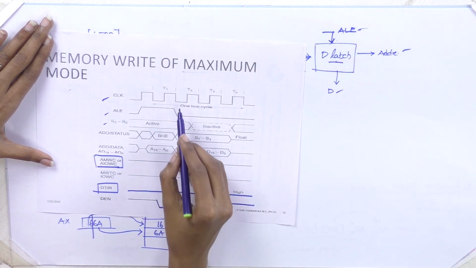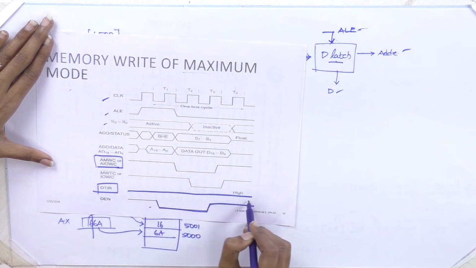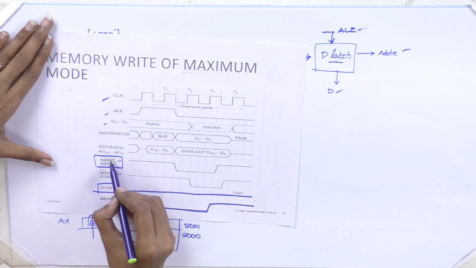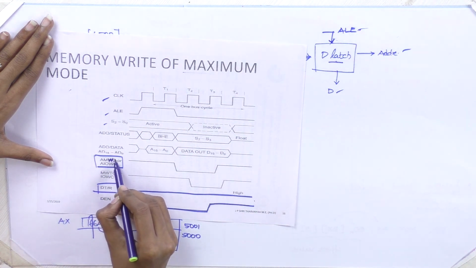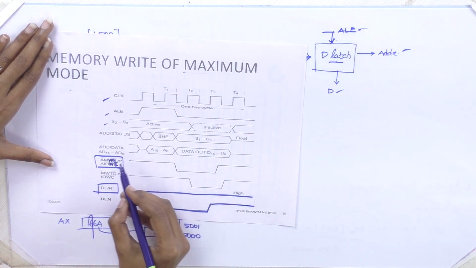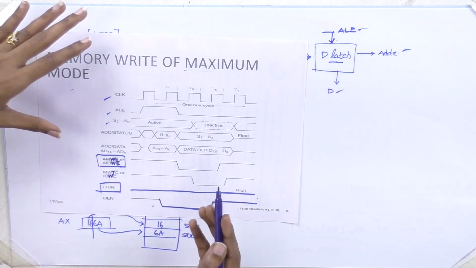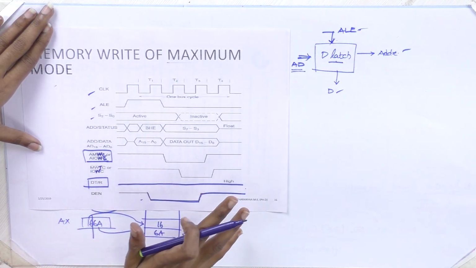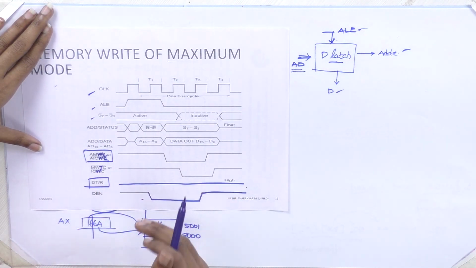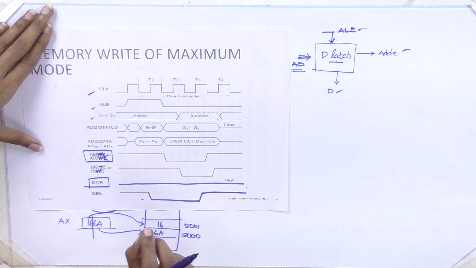It should be high throughout the cycle, and you are performing memory write or IO write, depending on the operation. So DT/R high is transmission. In the maximum mode, read and write are differentiated by the status signals.